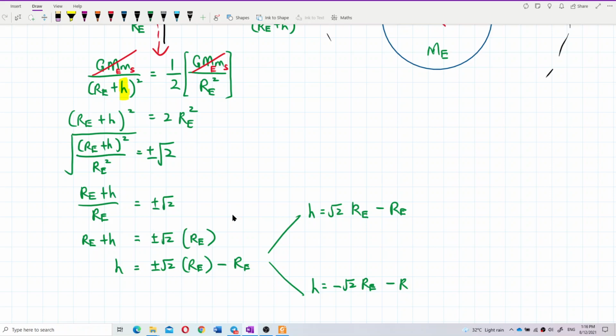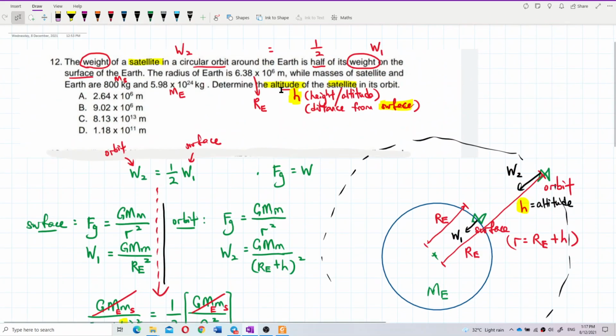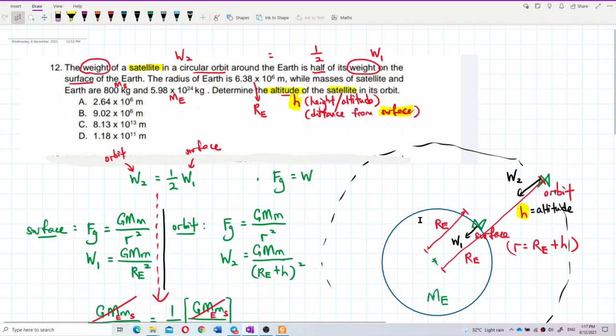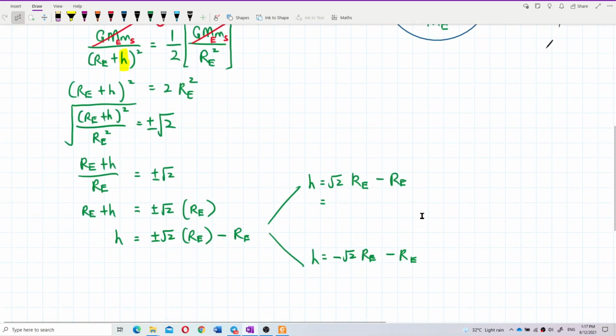So which one? Are both correct? Let's check first. We're going to substitute the radius of Earth. What's the value? 6.38 exponent 6. Let's substitute root 2, and then we can factorize this, right?